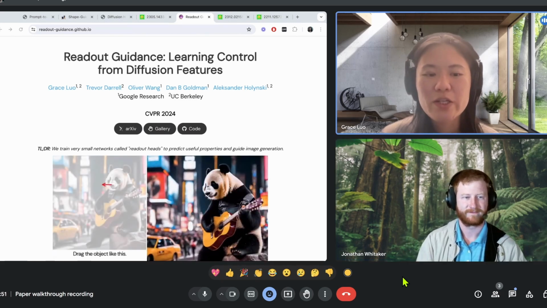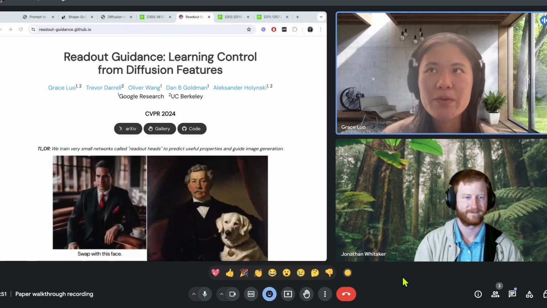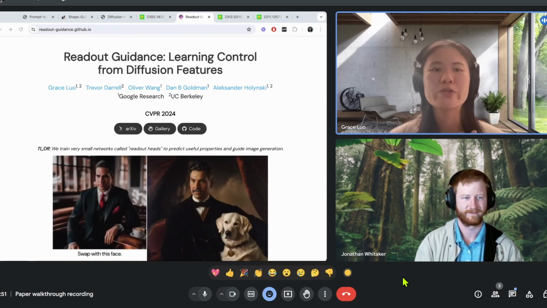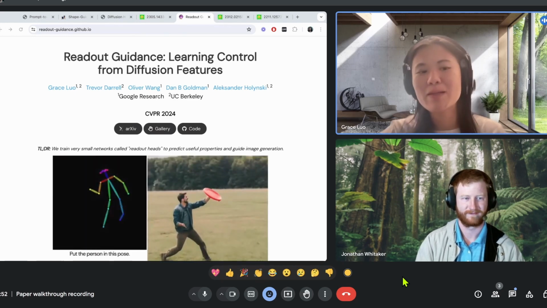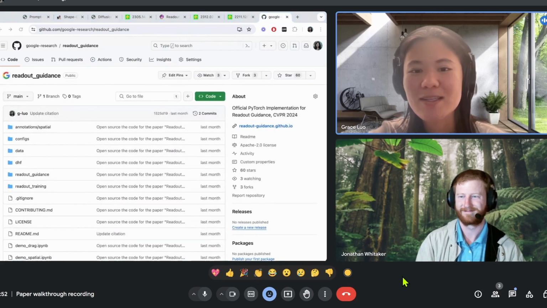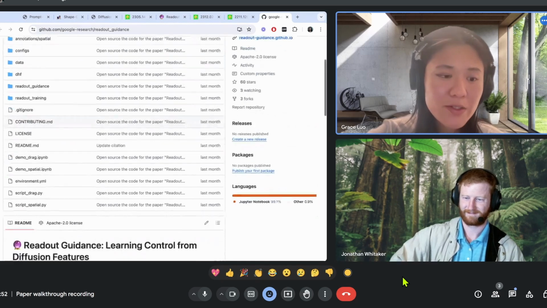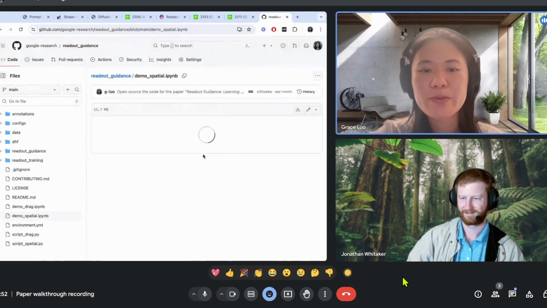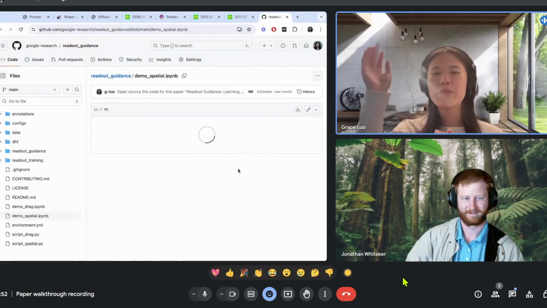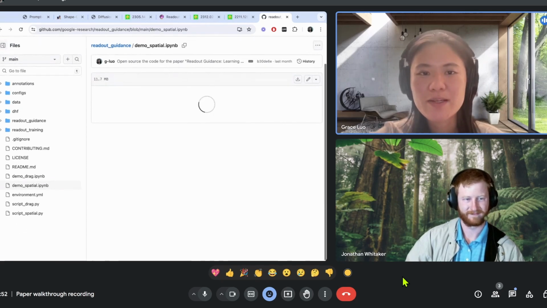Yeah, that's a good question. I think it depends on the level of depth, or how much coding you want to do for getting this feature intuition. Let me start with readout guidance and how one might go about it with our code base, because I think that is a pretty nice way to start. We have these demos where you can run through every single cell and it should run guidance and give you an intuition for what's happening.